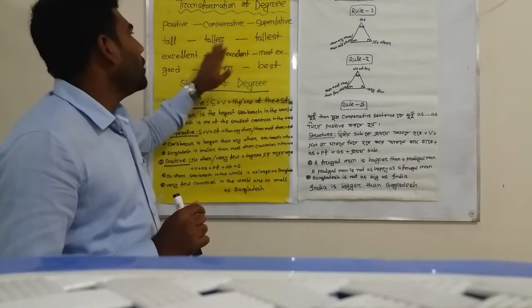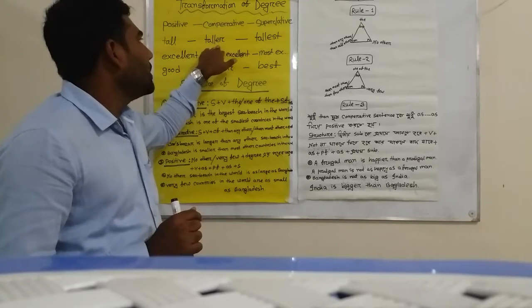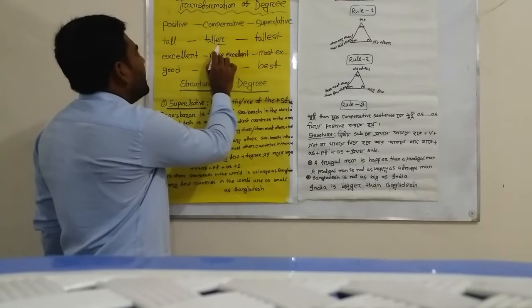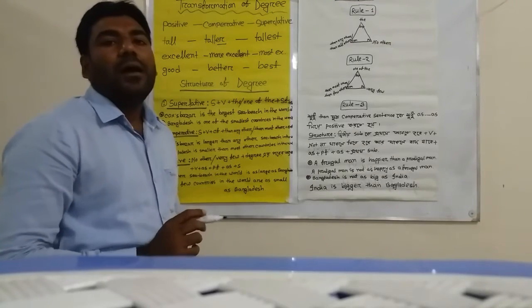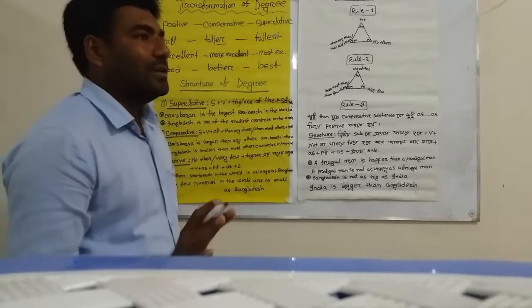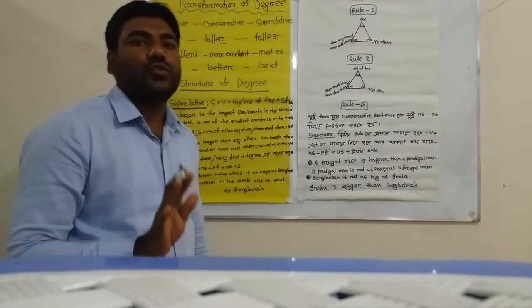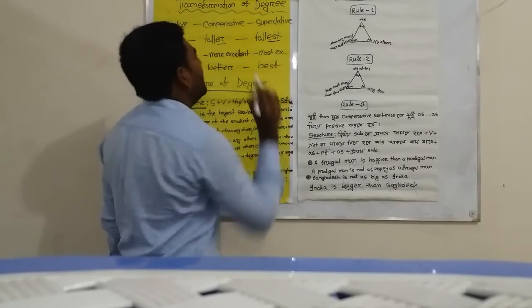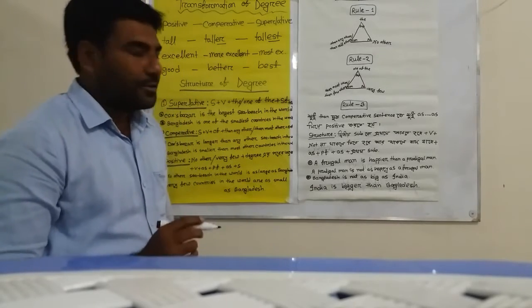Then if you want to make it comparative, you have to add er at the end of the word. And if you want to make it superlative, you have to use est at the end of the word.